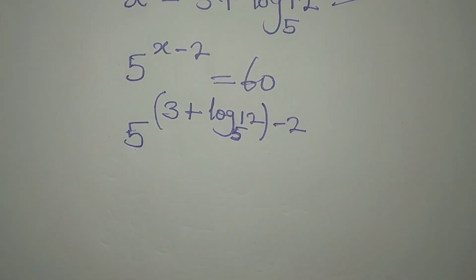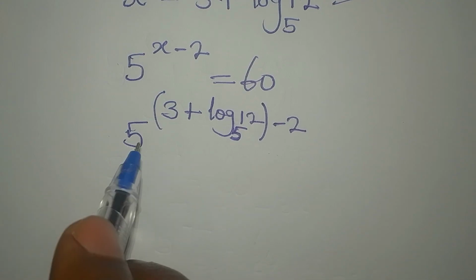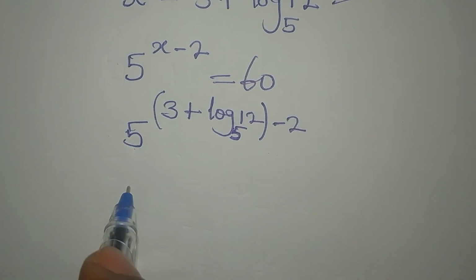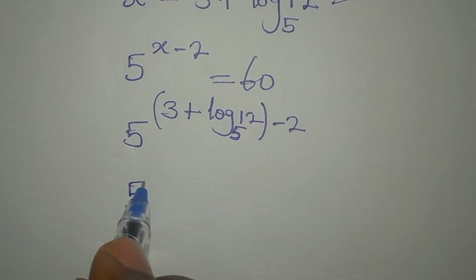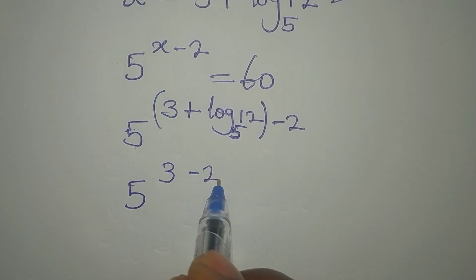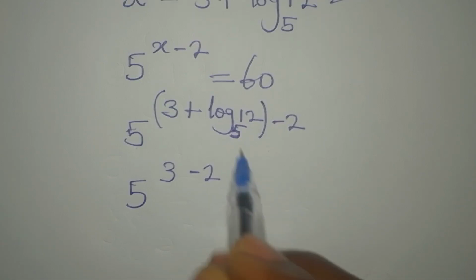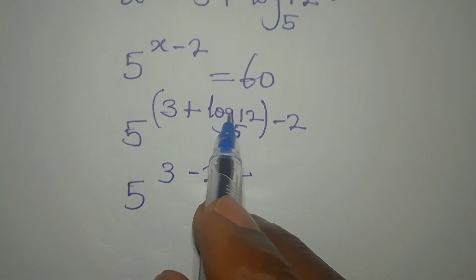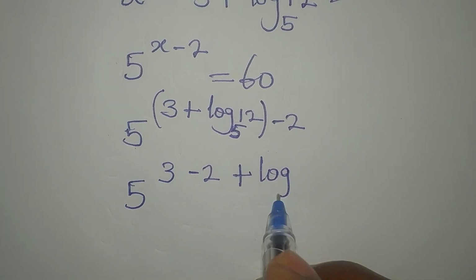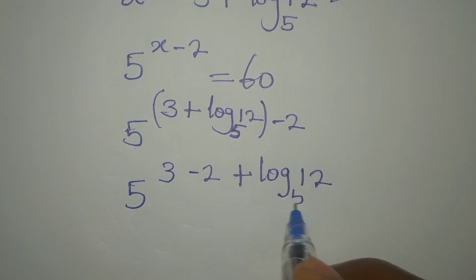If at the end of the day this does not give us 60, then we made a mistake somewhere, right? So from here we can open this bracket and then get 5 to the power of 3. Then this minus 2 will come here. Then we have plus this log, log 12 to the base of 5.